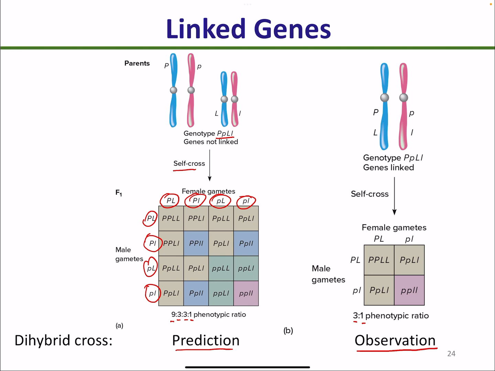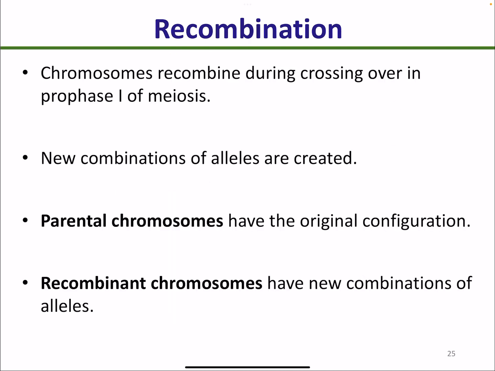And this is when they came up with the idea that something must be happening that we did not anticipate. That something is DNA recombination that occurs during crossing over between homologous chromosomes. So chromosomes recombine during crossing over in prophase 1 of meiosis. I want you to remember that.